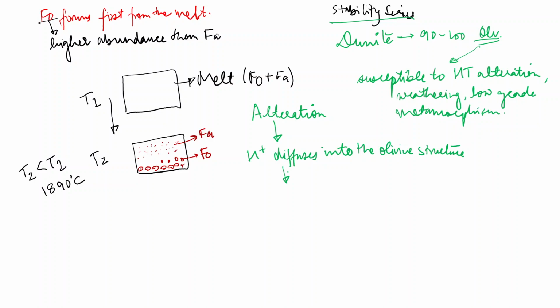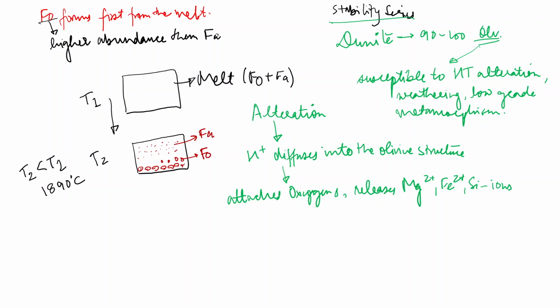The H+ attaches to the corner oxygens and releases Mg2+, Fe2+, and silicon ions from the sides.